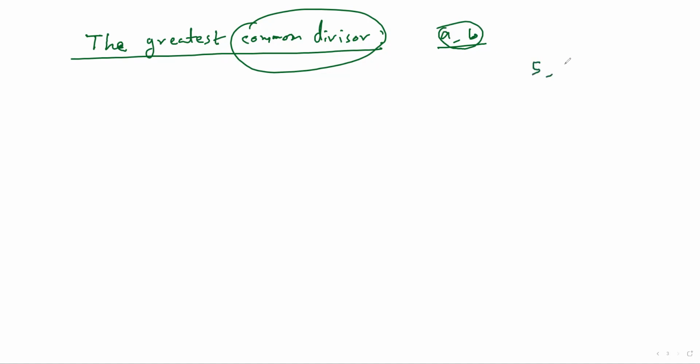If you have two numbers 5 and 12, common divisors of 5 and 12 cannot be greater than 5, otherwise that number would not be able to divide 5. So there is an upper bound for the set of common divisors of any two numbers, right? So that guy is called the greatest common divisor.